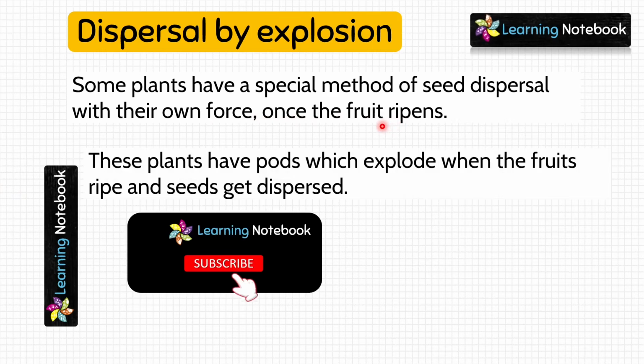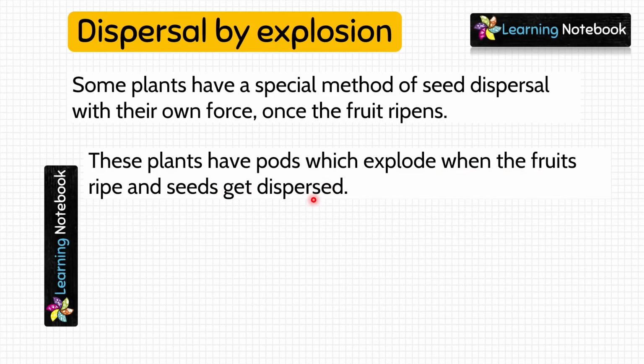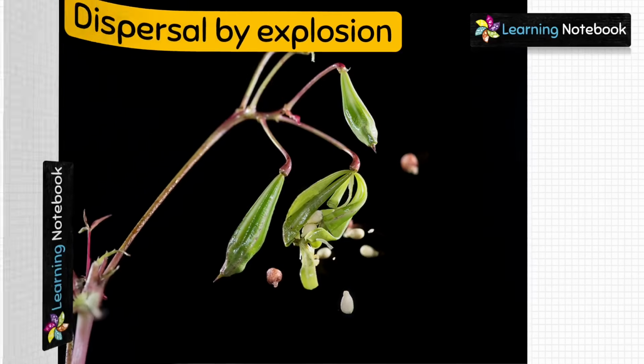These plants have pods which explode when the fruits ripe and seeds get scattered in all the directions. For example, seeds of pea, beans, balsam, ladyfinger are dispersed by explosive mechanism.